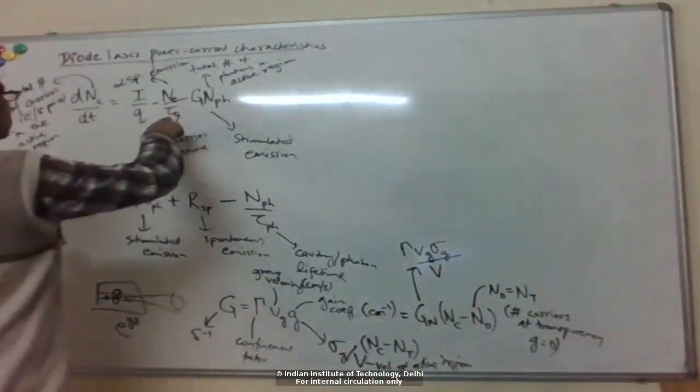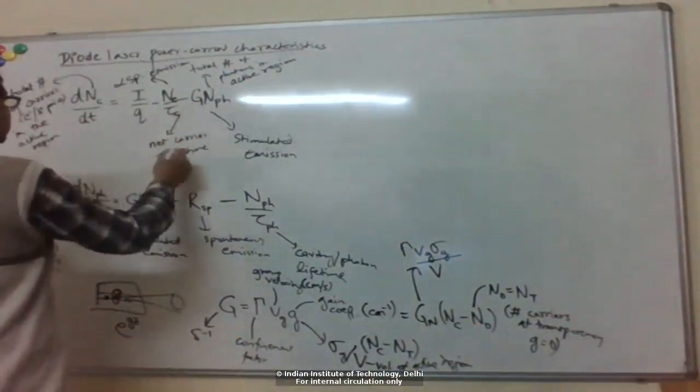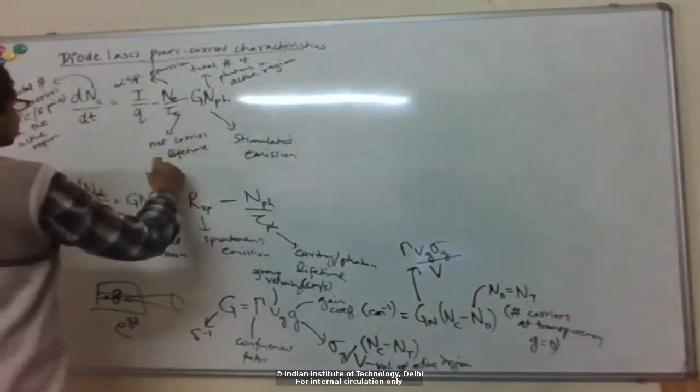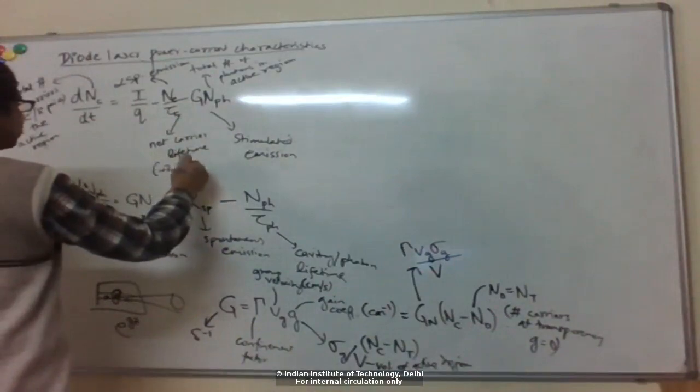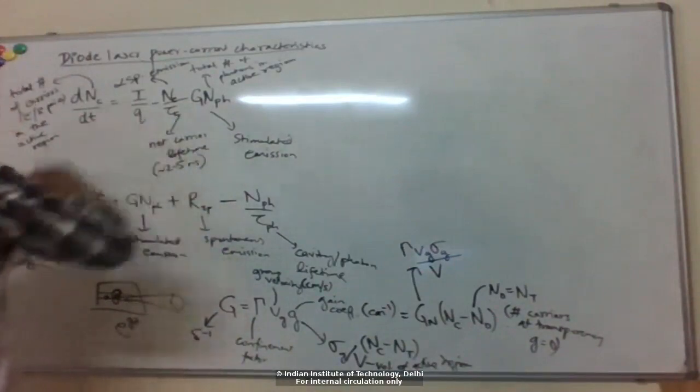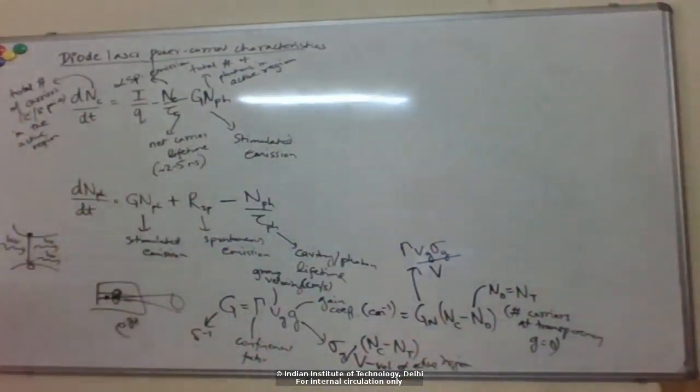Other things here. Tau C, we've seen this for LEDs. Typically tau C is in the few nanosecond range, let's say 2 to 5 nanoseconds. Typical carrier lifetimes.